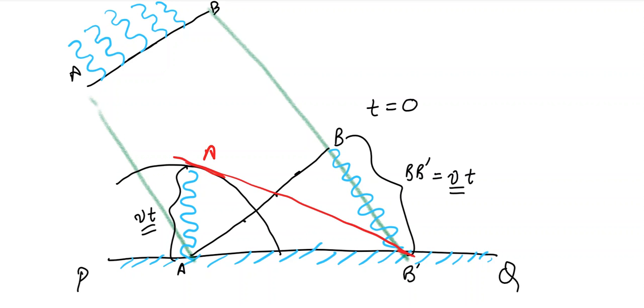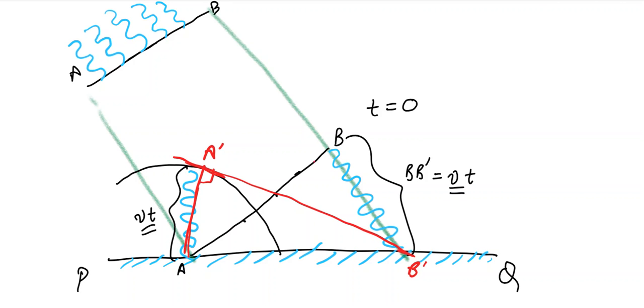Let me call it A prime, and let this be B prime. So A prime B prime is the secondary surface, and this being a tangent has to be 90 degrees.